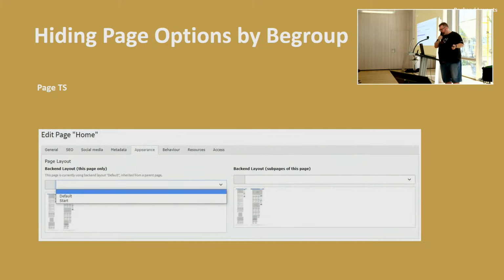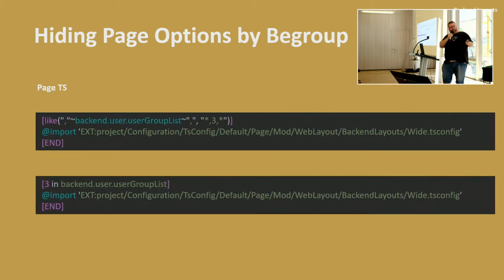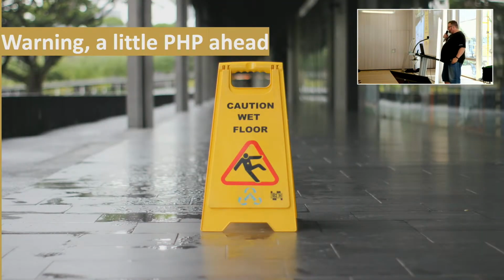You see one page option not. I will show it, it was a little bit funny. I have no idea when I would use it, but it's nice. Yeah, I said it was a beginner talk. Now, warning, a little PHP ahead.